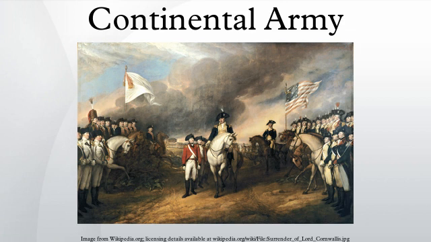References, notes. Further reading: Lengel, Edward G. General George Washington, A Military Life. New York, Random House, 2005. ISBN 1-4000-6081-8. Royster, Charles. A Revolutionary People at War, The Continental Army and American Character, 1775–1783.